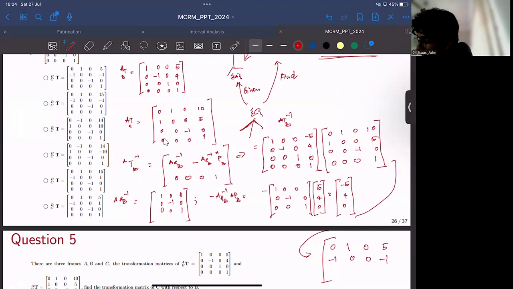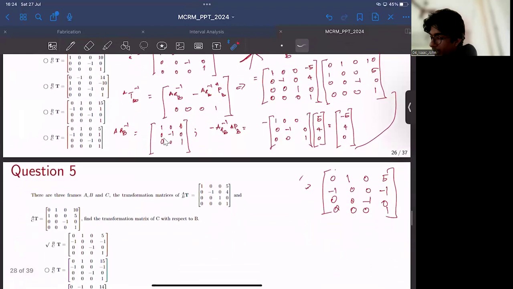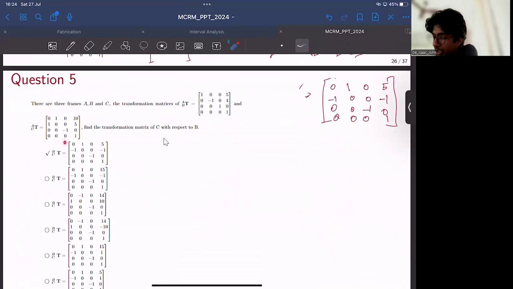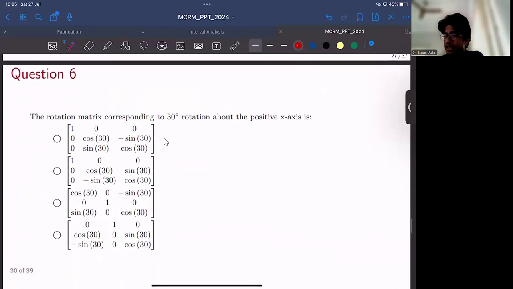Third row would be 0, 0, minus 1, 0, and the final row would be 0, 0, 0, 1. This would be the final matrix over here. And the correct answer corresponding to this would be, I think, yes, option A. So this is nothing but ATC. Right? Yes. So now moving on to question 6.